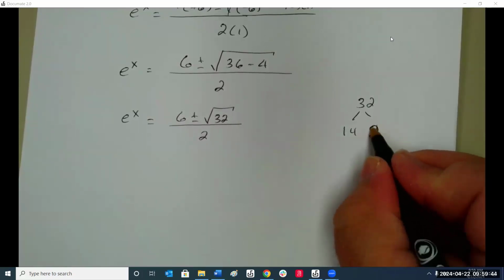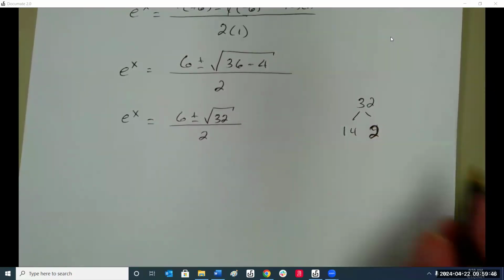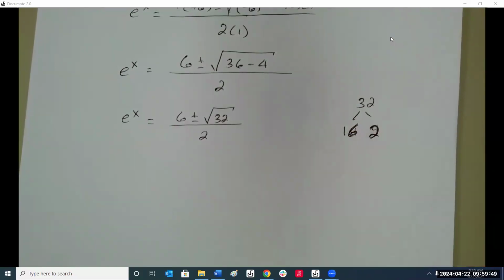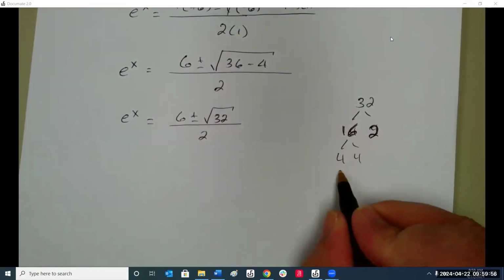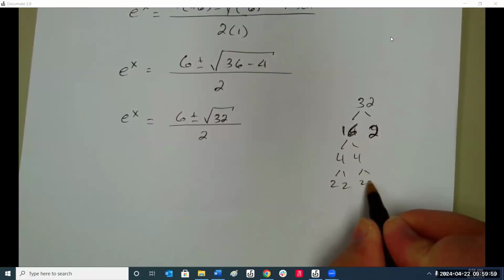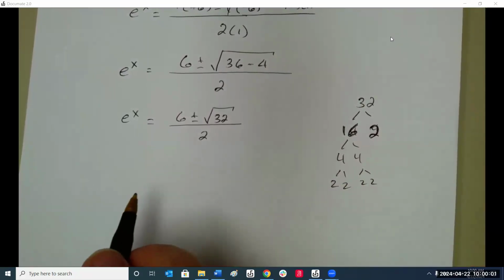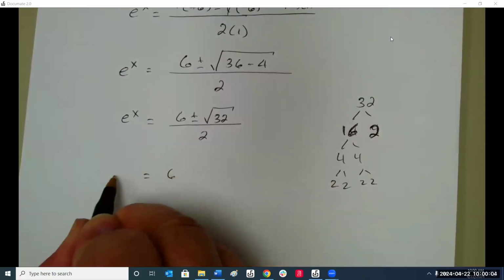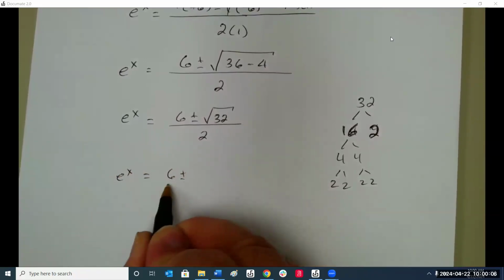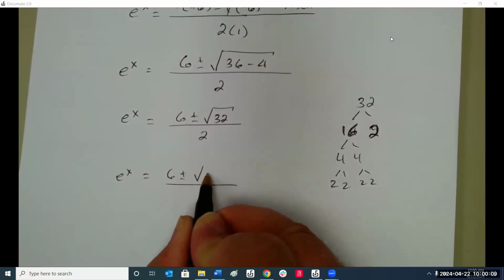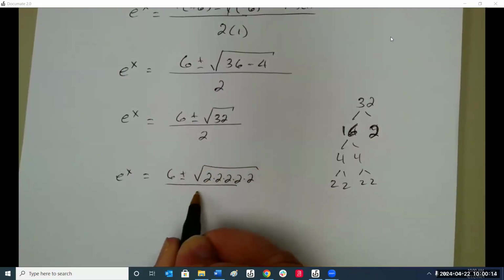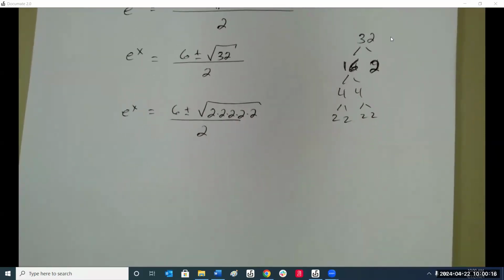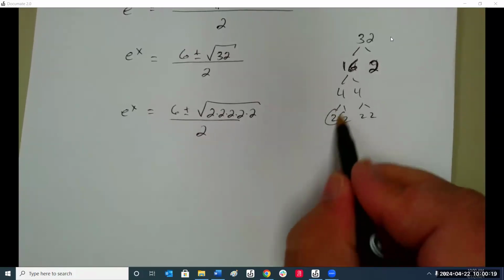Not 4. Excuse me, not 2. So 16 times 2, not 4. I really messed that one up. 16 is 4 times 4, which is 2 to the 5th. 2 times 2, 2 times 2 times 2, because there are five 2s.